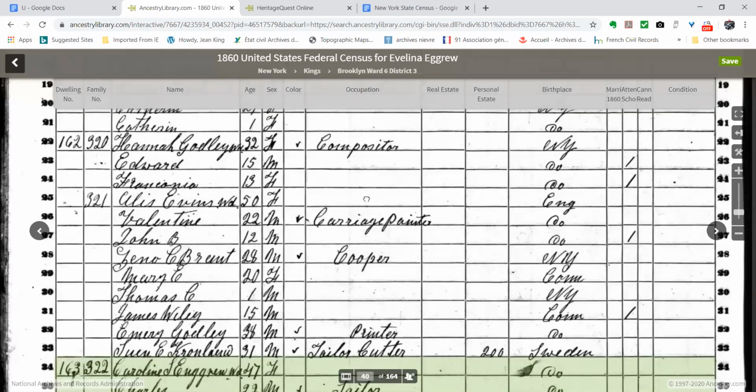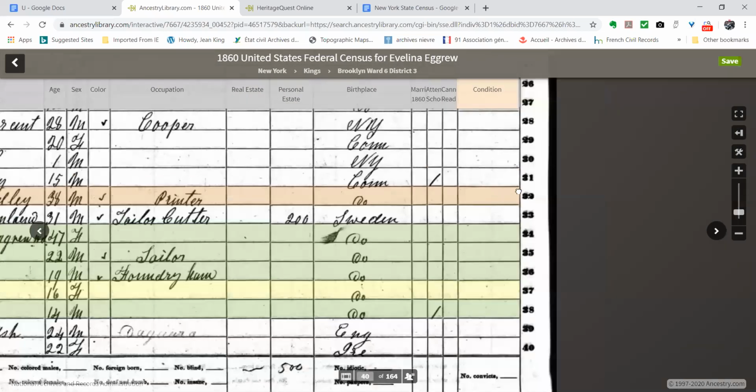Along the top here, you can see the columns and what they're asking. So here's the question about the value of their real estate, their birthplace. In here, they're asking, were you married in 1860? And then attended school, cannot read and write.